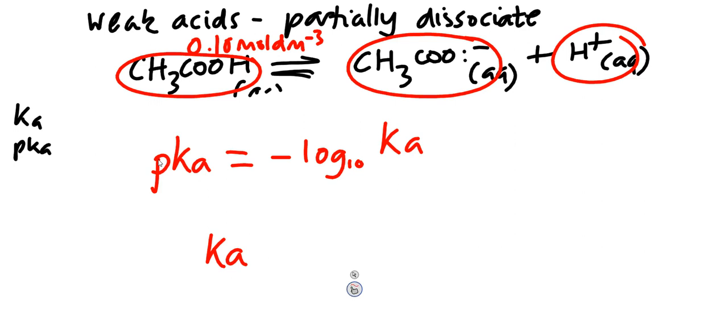To be able to do that, you need a Ka value. So if they give you a pKa value, Ka is just going to be 10 to the power of minus pKa. So it should be relatively easy to calculate the Ka value and then use that in the way that we were just doing to calculate the H plus ion concentration, and then go on to use that to calculate pH.